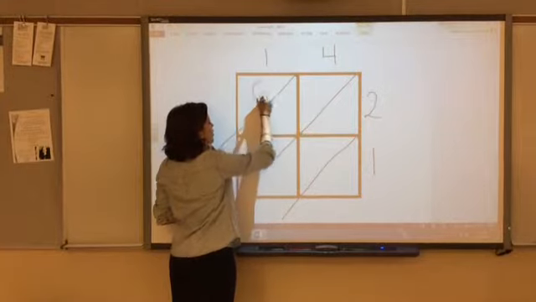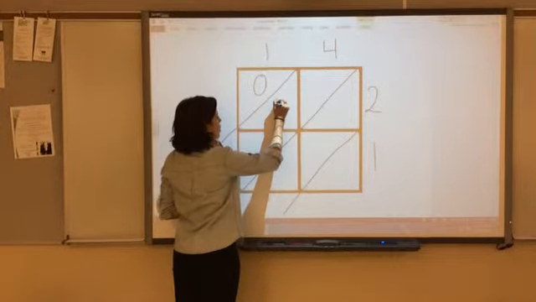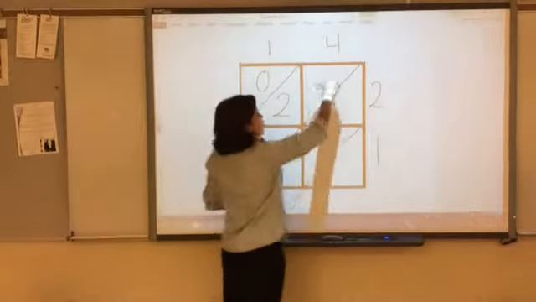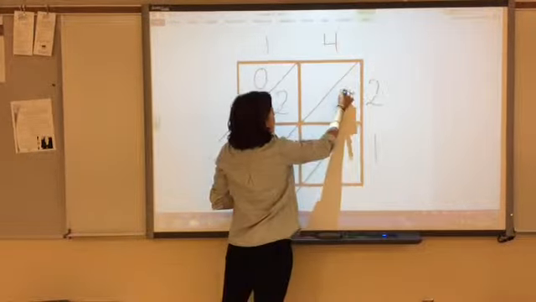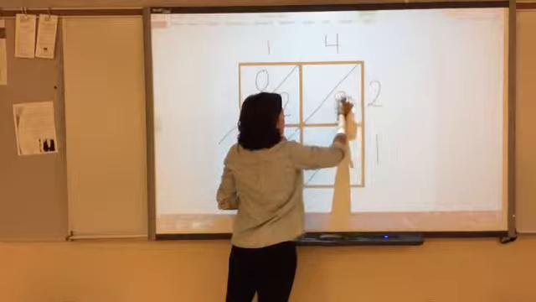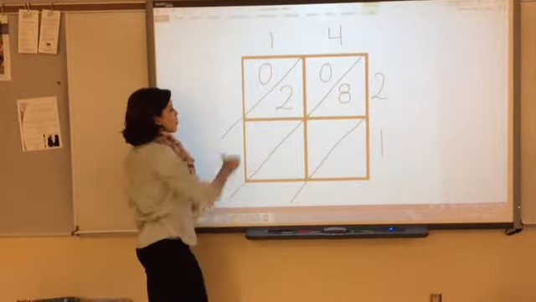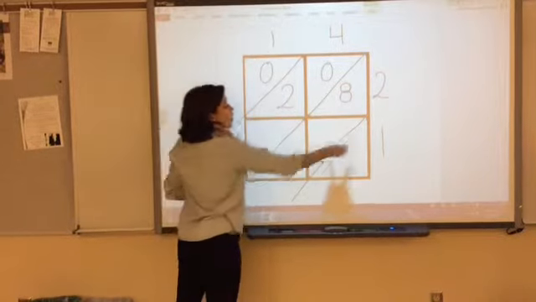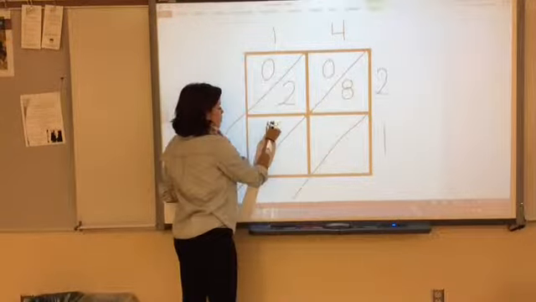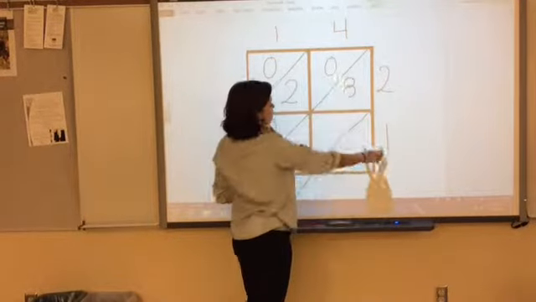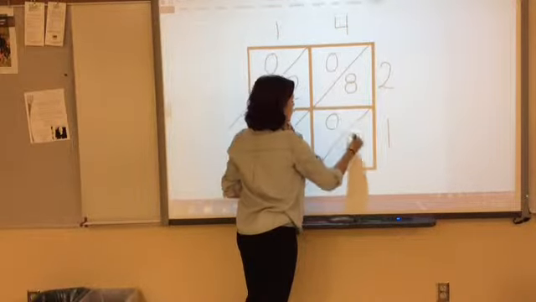You put the 0 in your top triangle and the 2 in the bottom triangle. Then you're going to multiply 4 by 2, which is 8. And don't forget your 0 in the top triangle. You're going to multiply 1 by 1, which is 1. And then 4 by 1, which is 4.